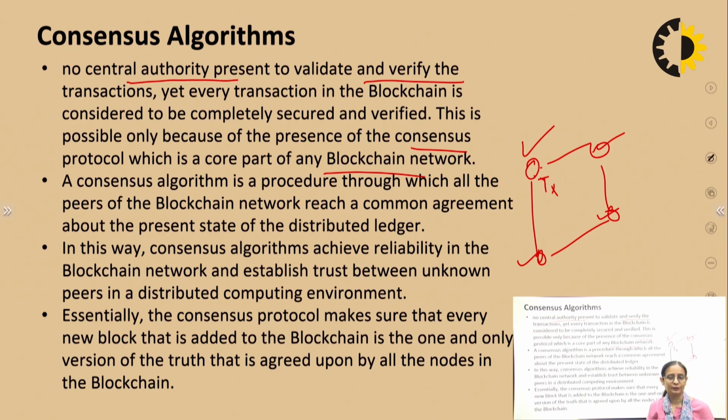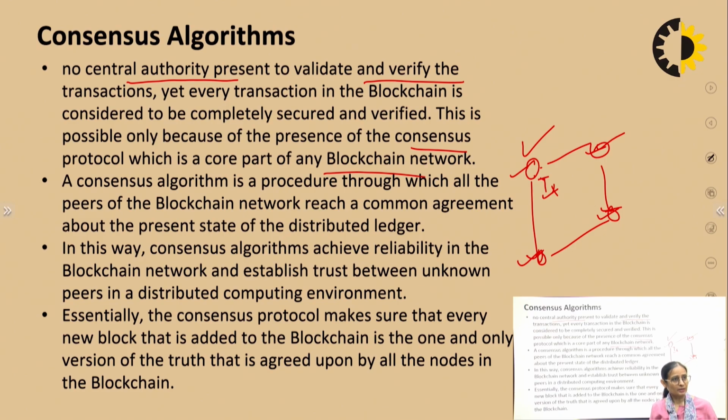So here we need certain algorithms and protocols through which these non-trusted parties come together and make a joint decision on the basis of which this transaction is either going to be added into the blockchain or completely discarded.